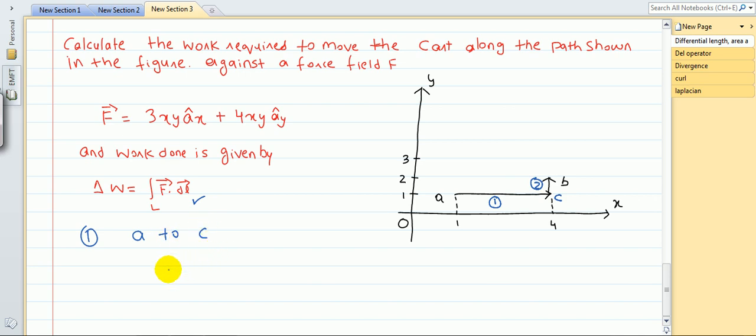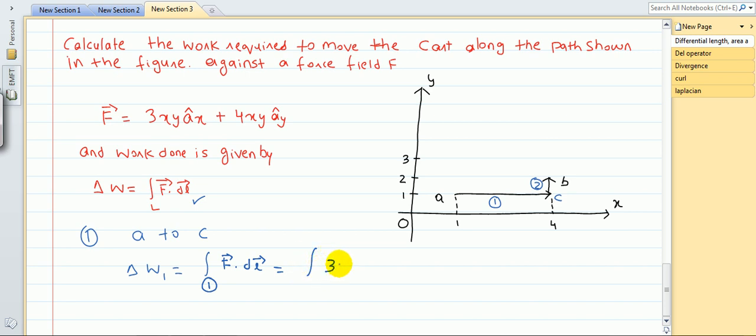So first A to C. Suppose delta W1 will be equal to the line integral of the first part of F dot dl. What is F here? F is the same obviously.